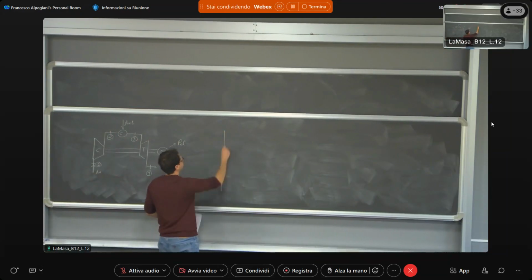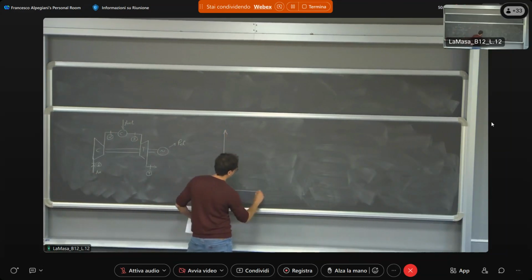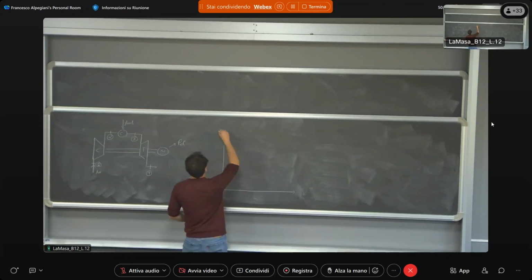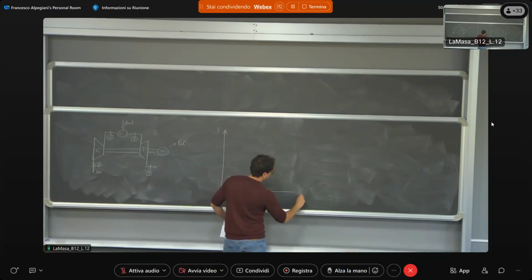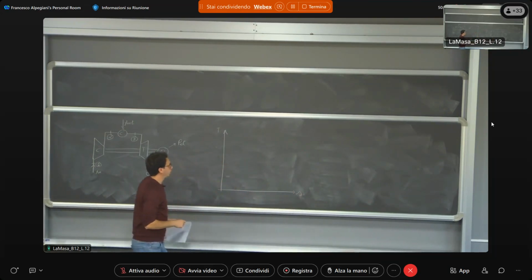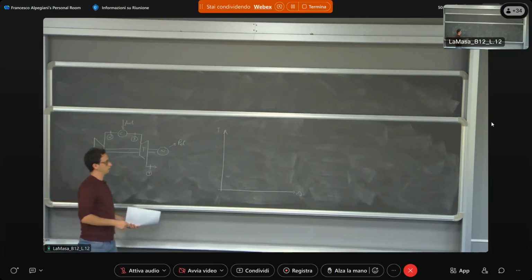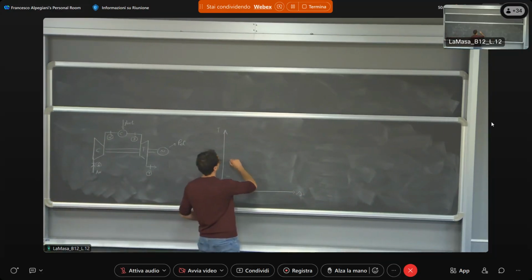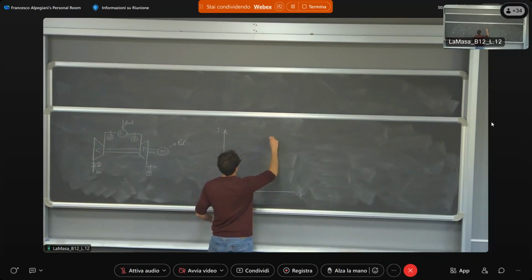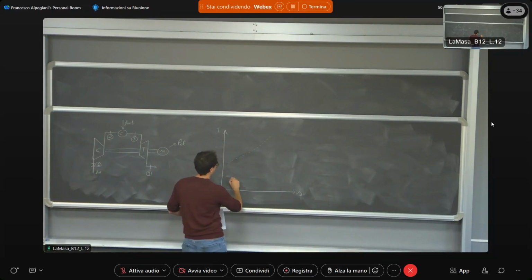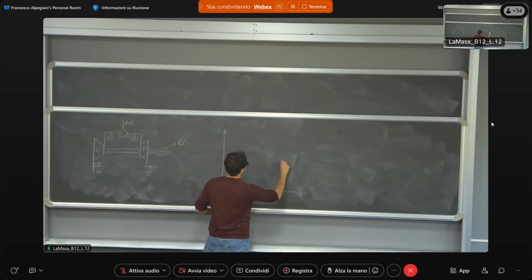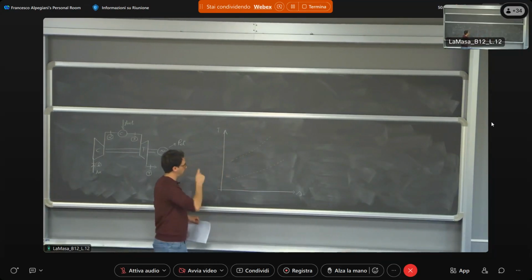So we can draw the diagram firstly. This is the TS diagram, in which we need to first draw the isobaric lines. The isobaric lines are done like this in the TS diagram, and in particular we will start with two lines.